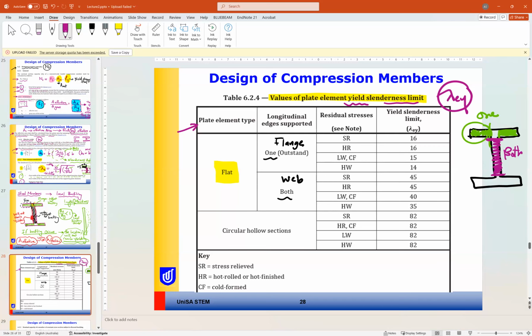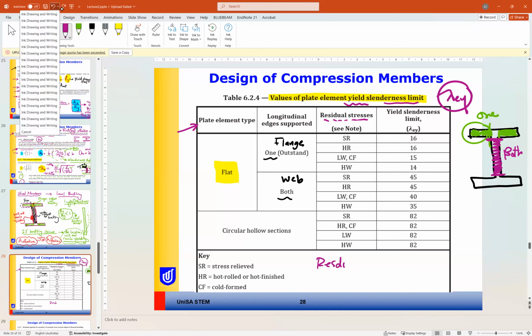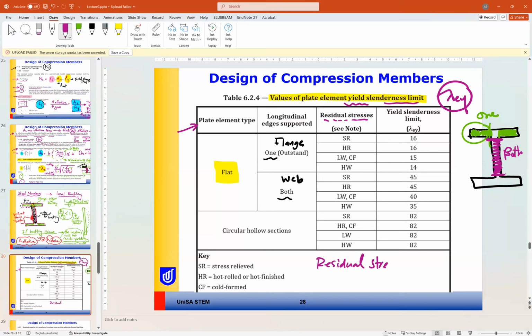And the next part is the residual stresses. The residual stresses are based on the manufacturing process of steel.